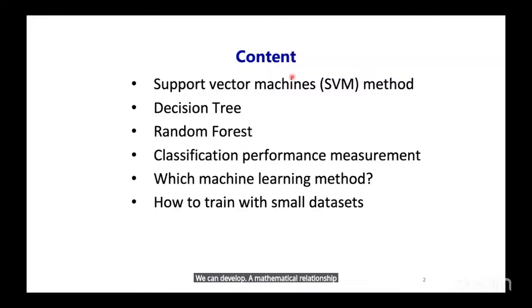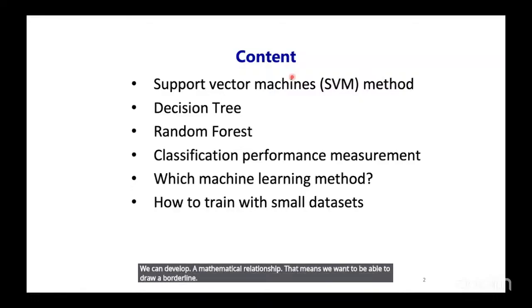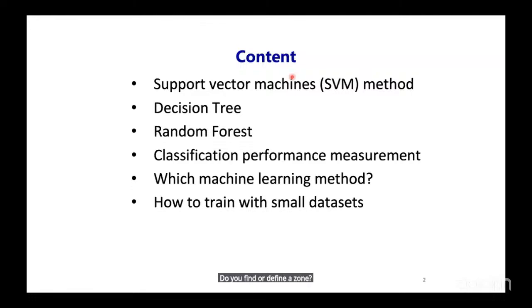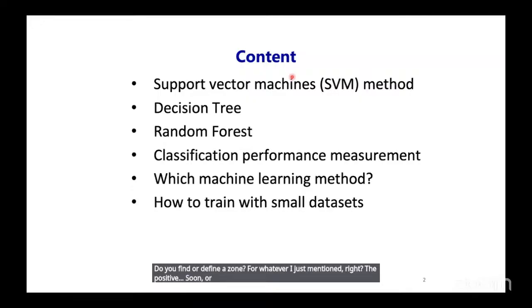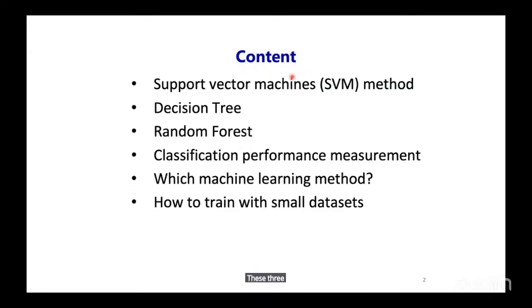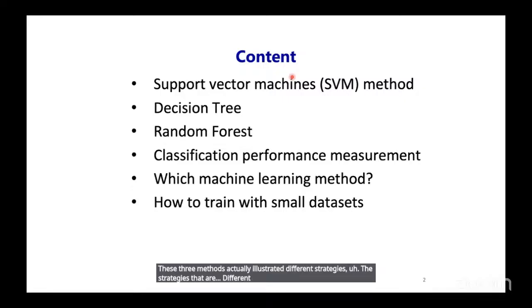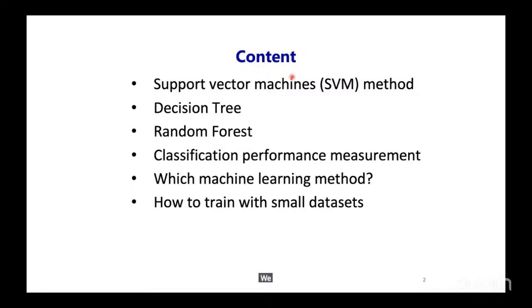That means we want to draw a borderline and define a zone: the positive zone or negative zone, inhibitor zone or non-inhibitor zone. These 3 methods illustrate different strategies from the ones we studied in part 1.